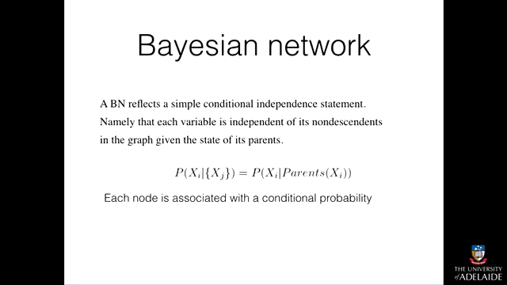So C would be a descendant of A. But let's say we have E here. E is not a descendant of A, because you cannot go from A to E using the directed links. You can only go in one direction. You cannot reverse the direction of the directed link.